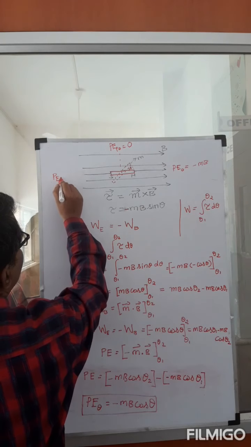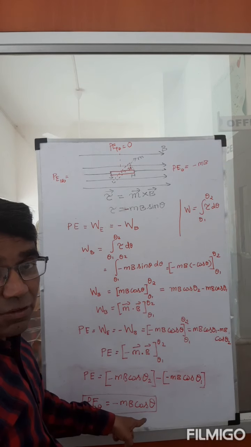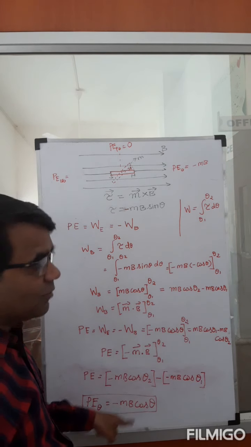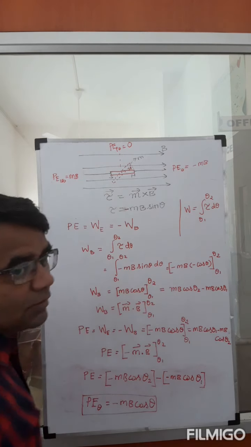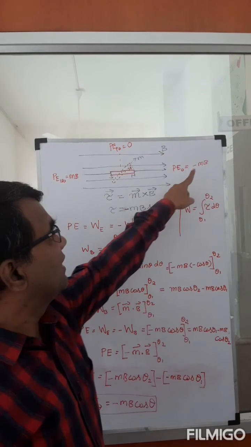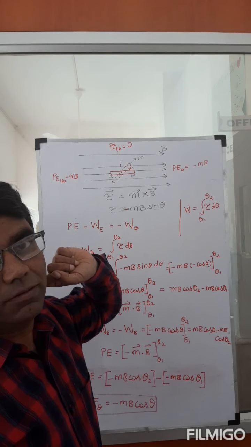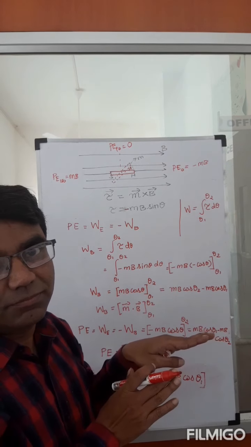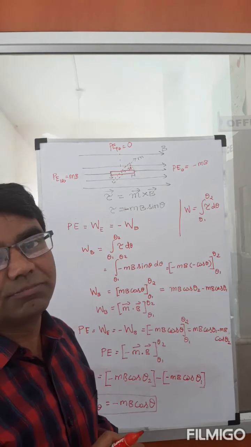So P180 is equal to, cos 180 is minus 1, so minus mb into minus 1 will be plus mb. You notice here that minus mb is the minimum of all. So at 0 degrees you have the minimum potential energy, and at 180 degrees you have the maximum potential energy.